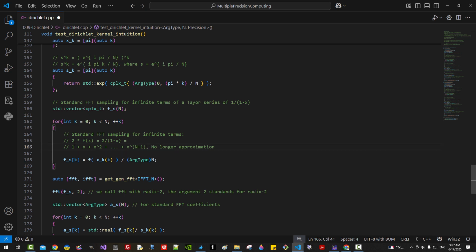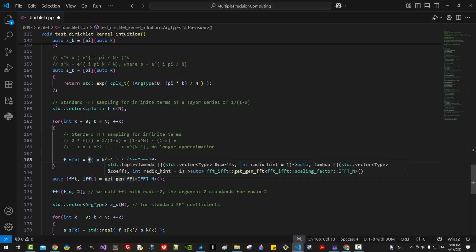Because if we multiply 2, this is no longer approximation. Mathematically, (1 - x^n) over (1 - x) equals this expression. So this is f(x).